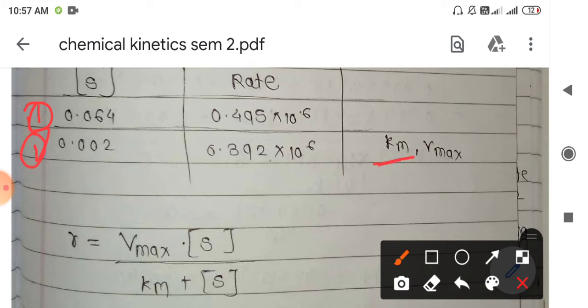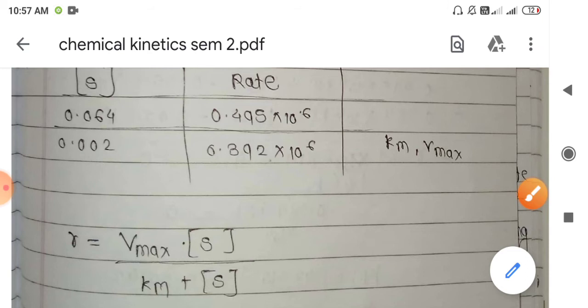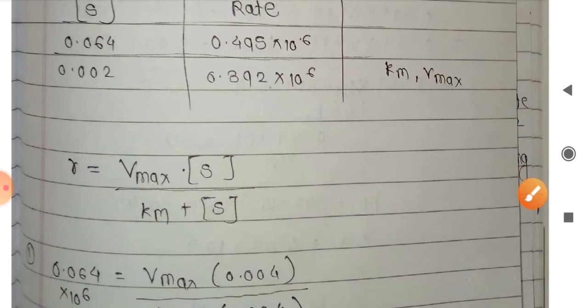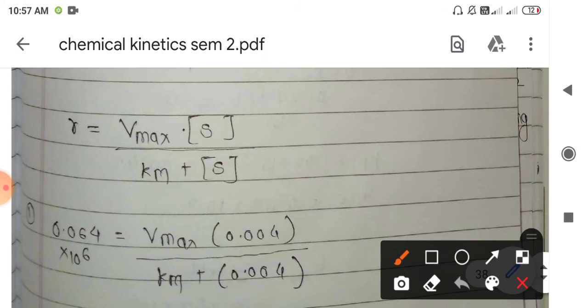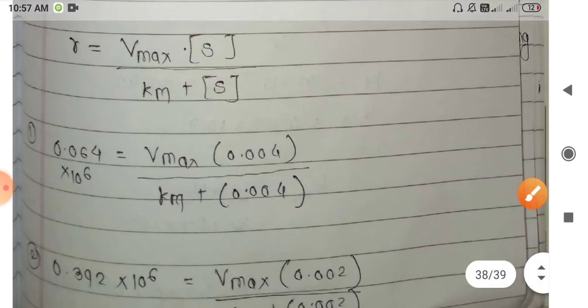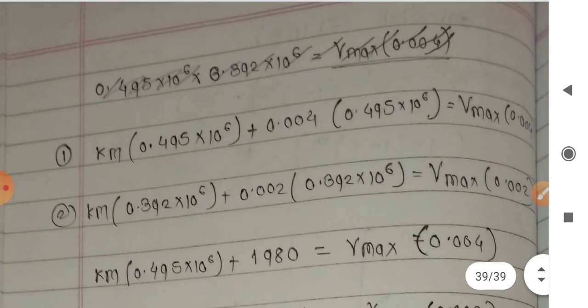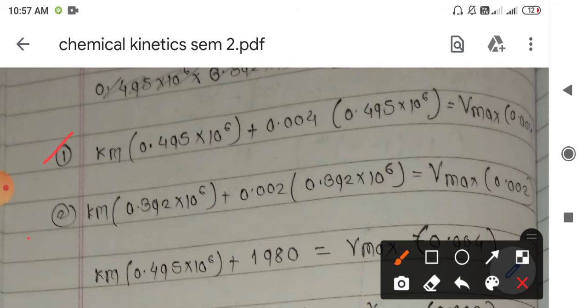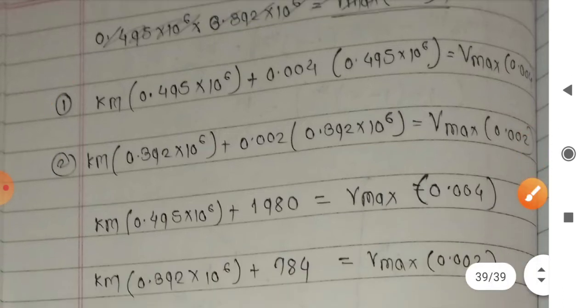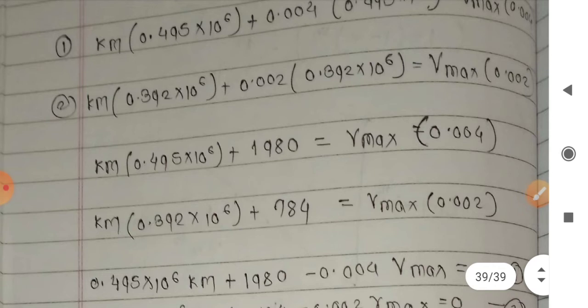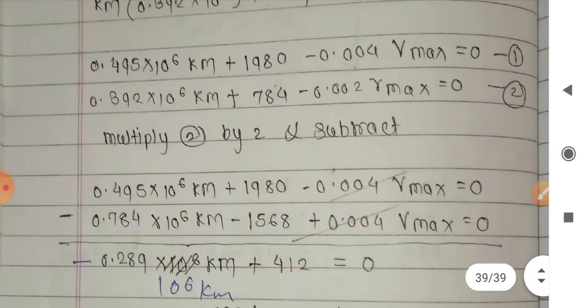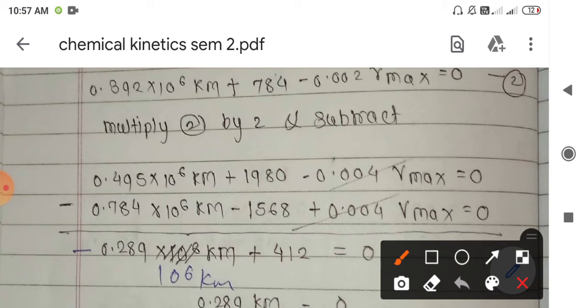So there are two variables and two equations, so we have to use the mathematical simplification method. Before that we have to use the formula first and obtain the two equations. With two unknowns and two equations, we simply use simple mathematical treatment, like we have used in basic mathematics.